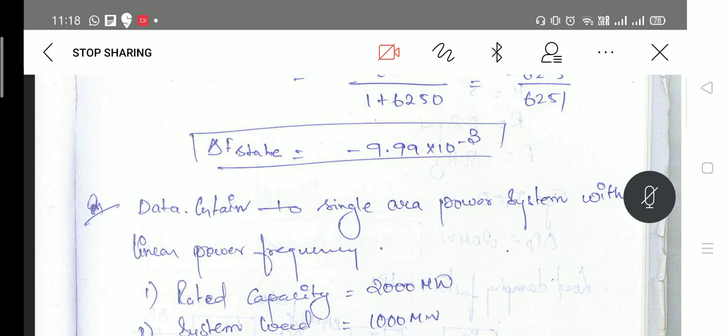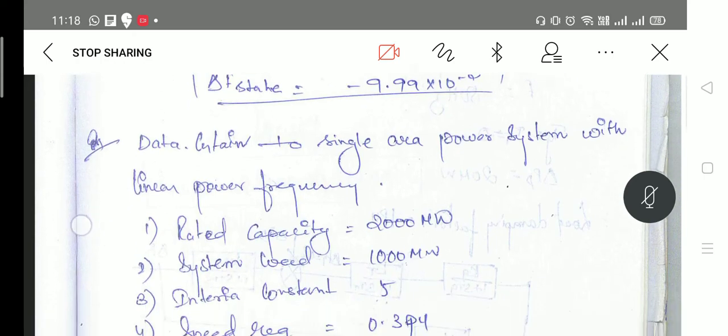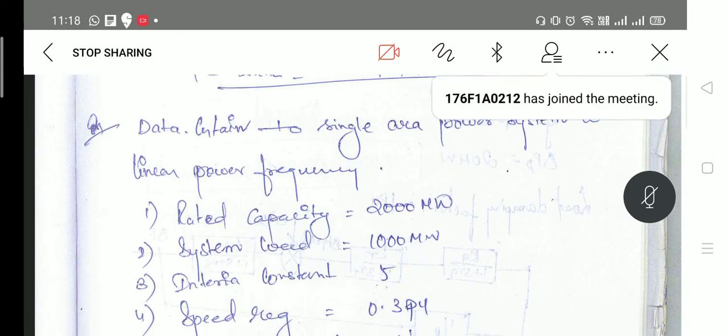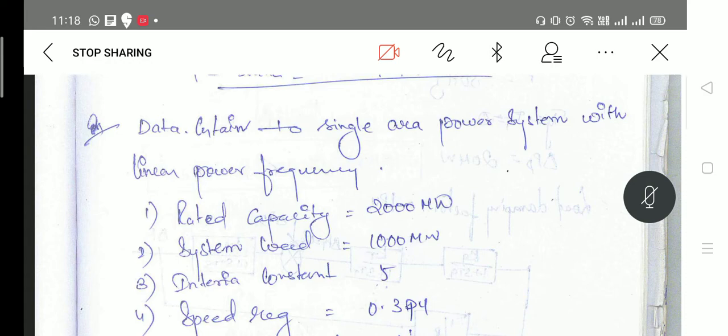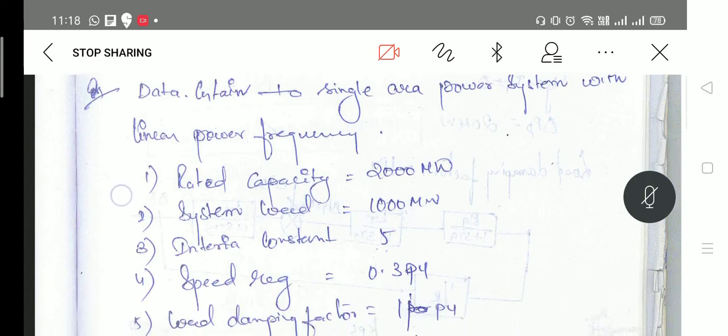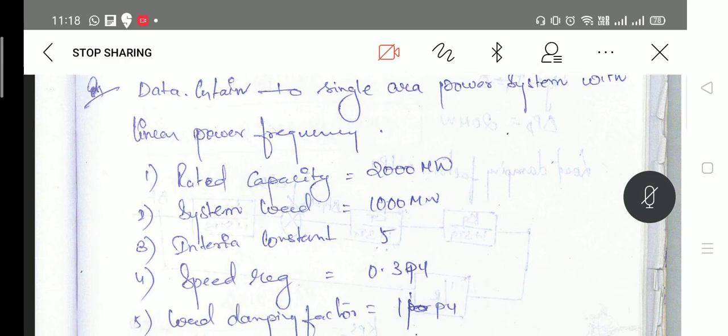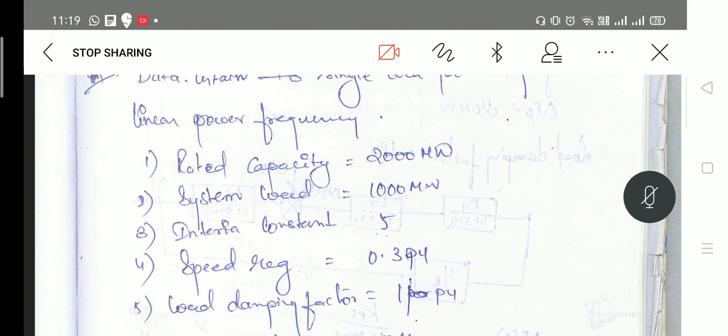Next problem is: data obtained for a single area power system with linear power frequency. The given data is: rated capacity 2000 megawatts, system load 1000 megawatts, inertia constant 5, speed regulation 0.3 per unit, and load damping factor 1 per unit.